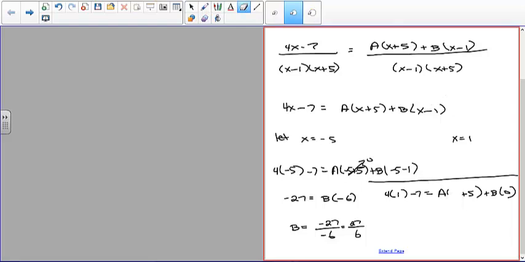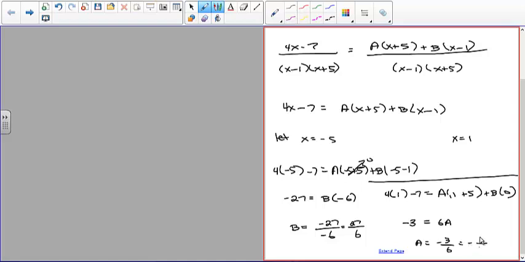I put that in there. x equals 1. Okay, so I'm going to put x equals 1 there. That goes to 0. So you get 4 minus 7, which is negative 3. And 1 plus 5 is 6, so you get 6A. A is equal to negative 3 over 6, which simplifies down to negative 1/2.